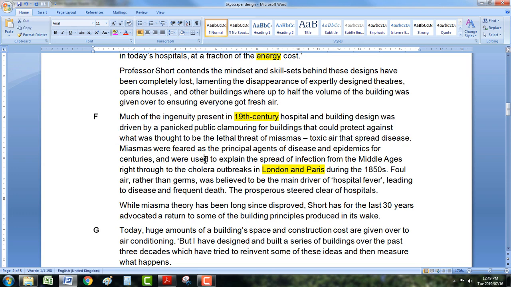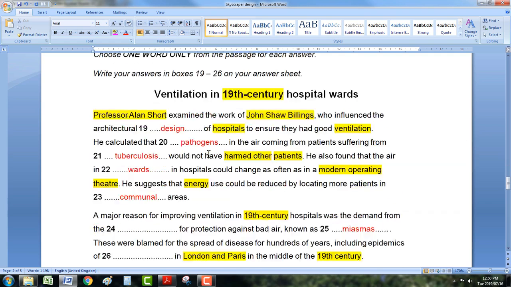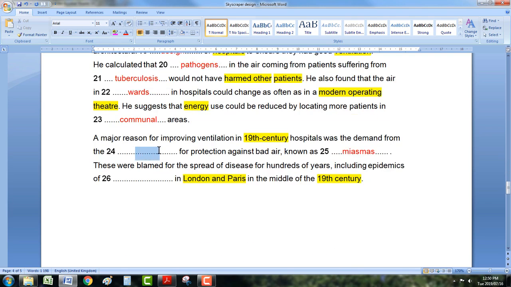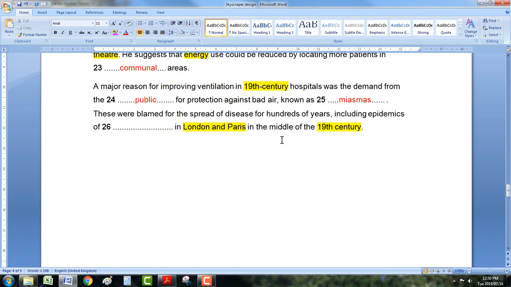It's the public who was demanding, and that means demanding. So pretty difficult. Don't worry if you didn't get that one. They are trying to make this summary particularly difficult. It's definitely a passage 2 level of difficulty summary. The passage 1 summaries are definitely easier than this.